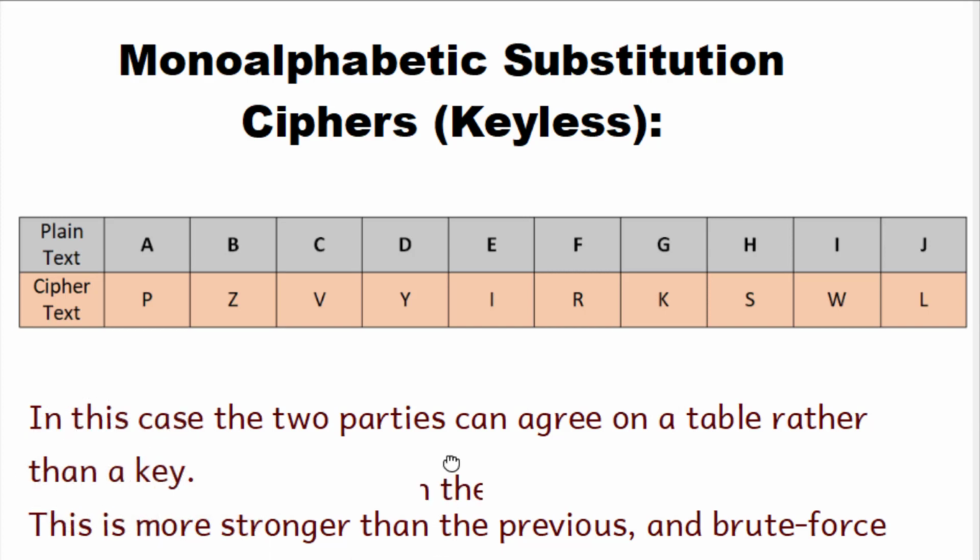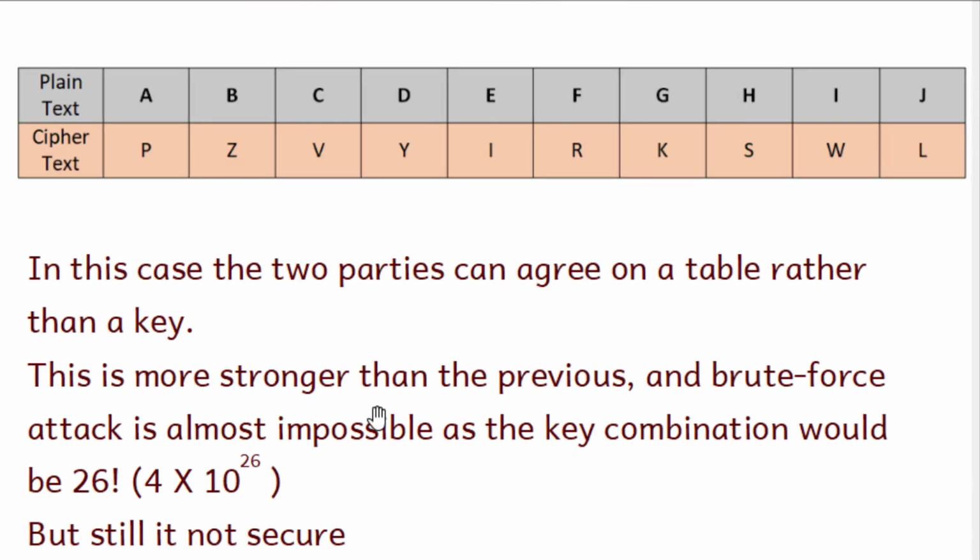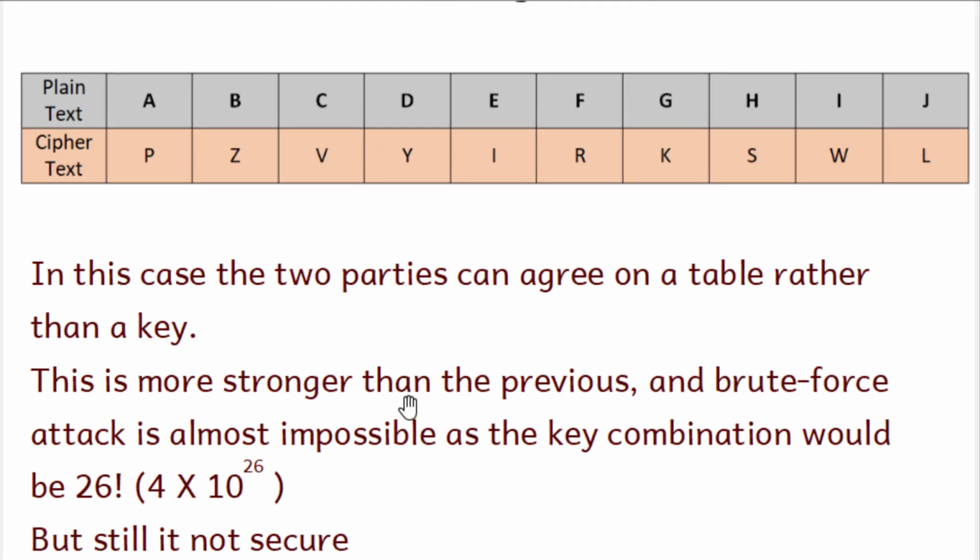Now this technique is stronger than the previous one. Why? Because any attacker cannot launch a brute force attack, which means trying all the possible combinations. In case of the additive cipher or the Caesar cipher, only 25 keys were possible, but in this case we have 26 factorial keys.